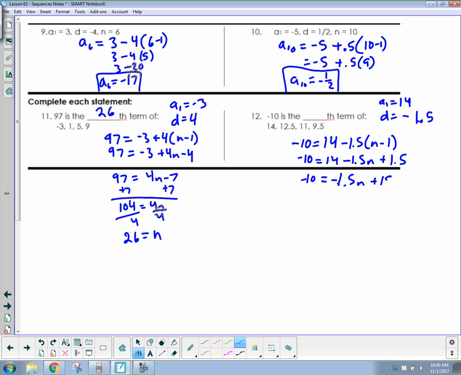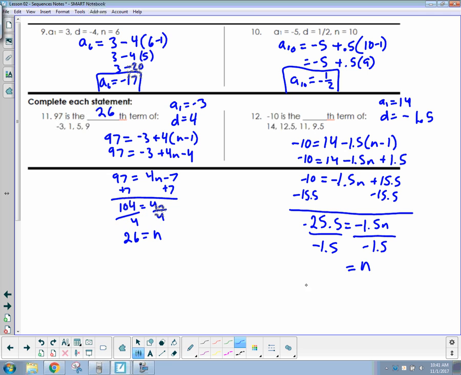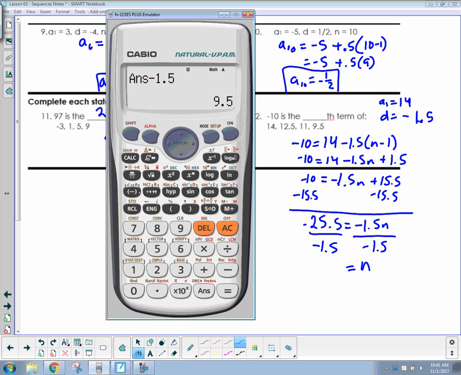That'd be negative 25.5 equaling negative 1.5n. Then divide by negative 1.5. And we get n equaling, beats me, let me get my calculator. Negative 25.5 all over negative 1.5. 17.